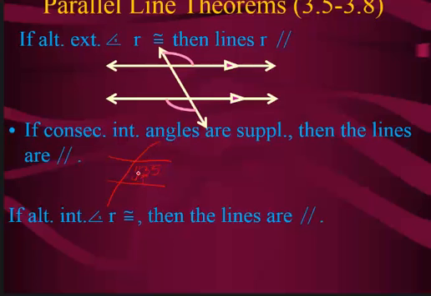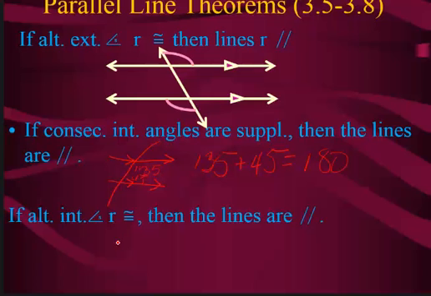Okay, we have consecutive interior angles. They add up to 180: 135 plus 45 equals 180. Then yes, they are supplementary, so yes, we can say that these lines are parallel. Remember, we put arrows on those lines to indicate that they're parallel to each other.